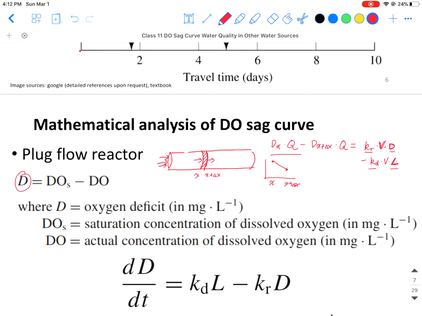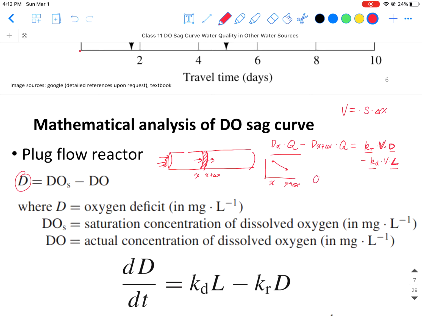So now what we can do is try to take the limit to find the equation here, okay? So we can find out that V here is basically equal to S multiplied by delta x. Okay, that is the volume of this thin slice here.